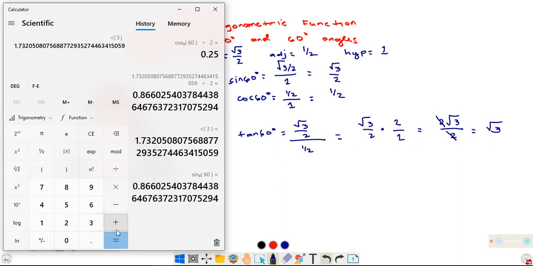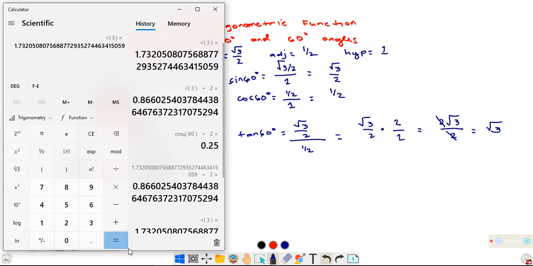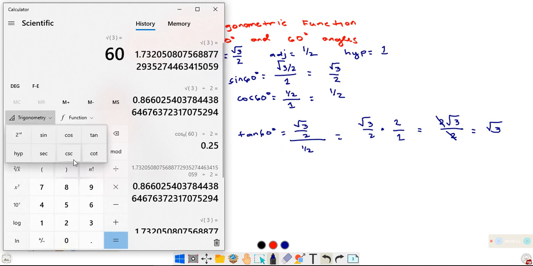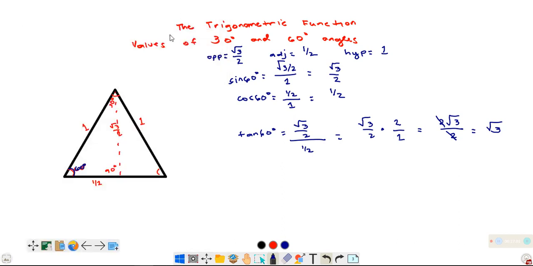Square root of 3. 1.732050. This should be the value for tangent 60. 60 tangent, correct, 1.732051. So, that is how you find the trigonometric function values of 30 and 60 degrees.